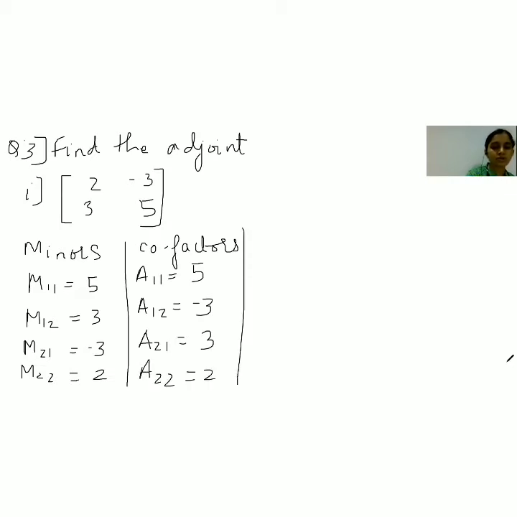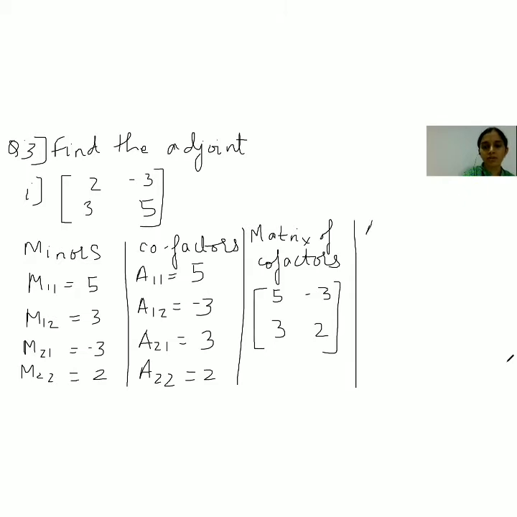Okay, matrix of cofactors. Let us put it in matrix form. 5 minus 3, 3 and 2. Okay, and then what is the last step? Adjoint of this matrix.